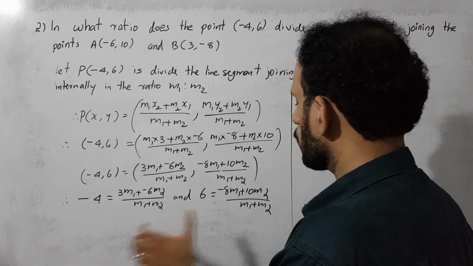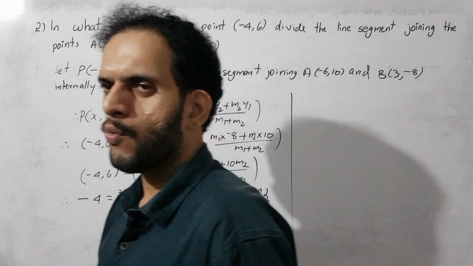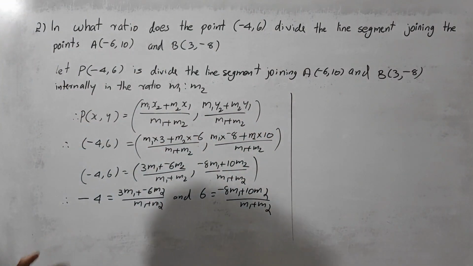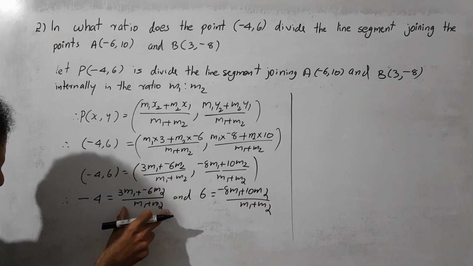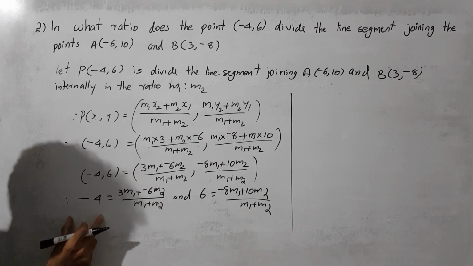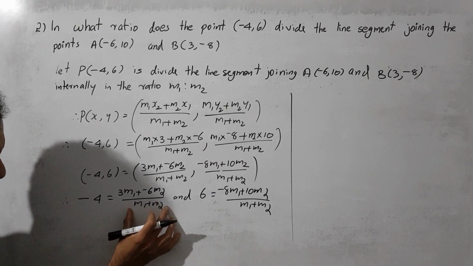If we choose any one you will get the same answer. The next steps, we take only one. Then -4, we transpose m1 plus m2 to the side of -4, that is, we multiply by m1 plus m2.